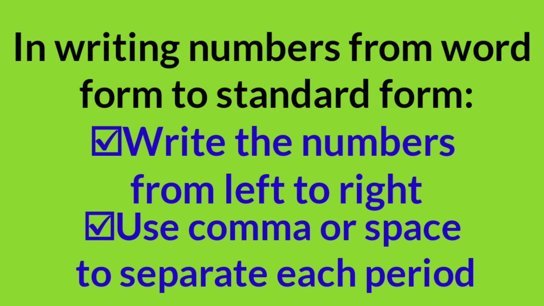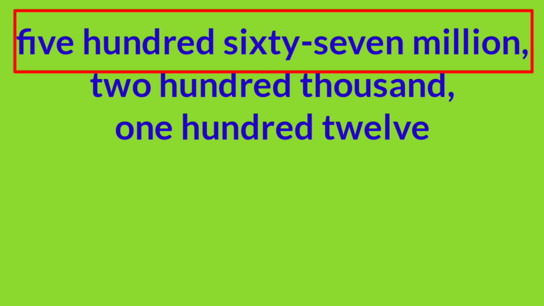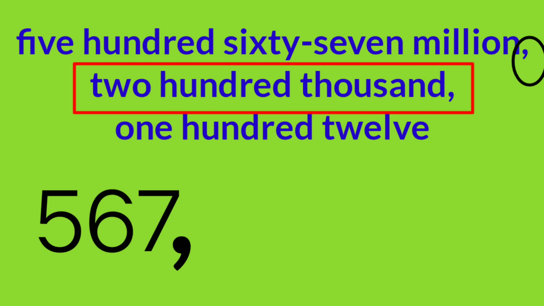Let's have our first example. 567,200,112. Let's do it from left to right. So, 567. As you can see, we have a comma there, so we will also put a comma after that.